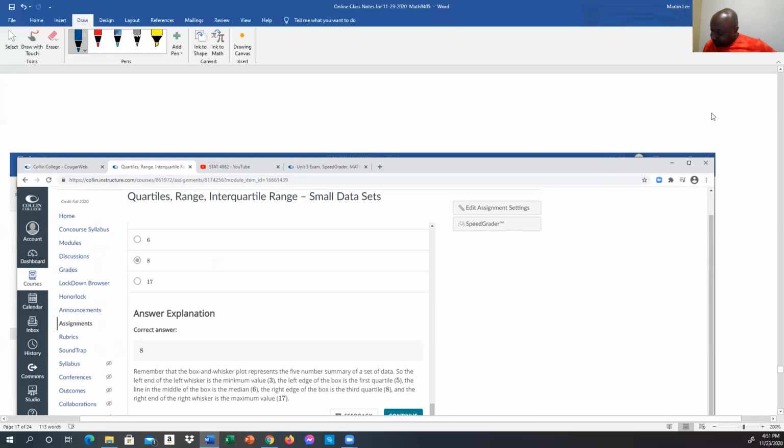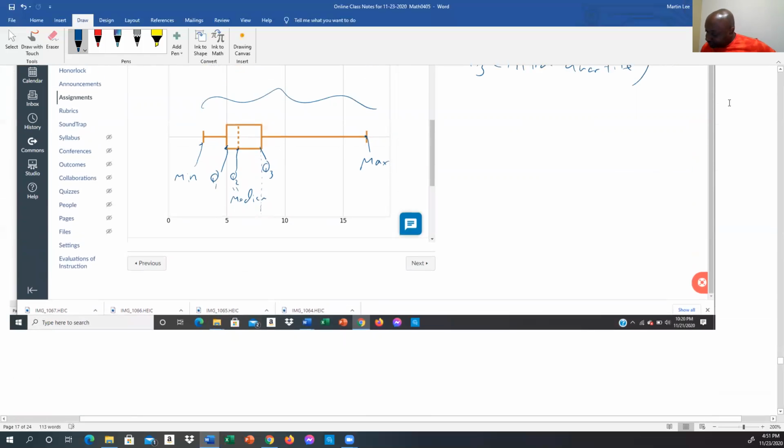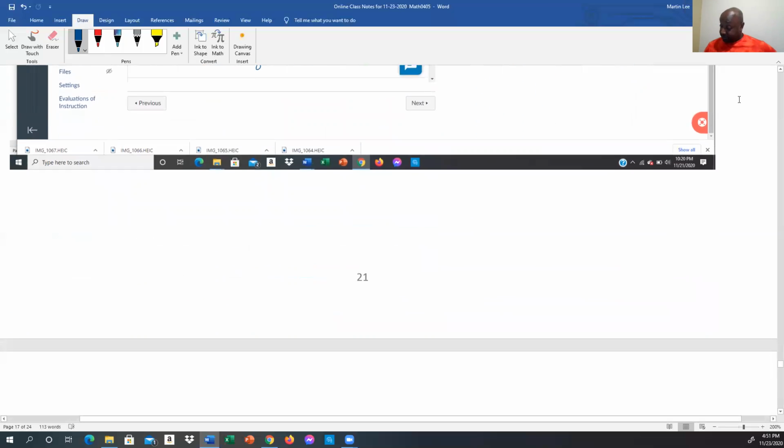So the choices they gave us were 6, 8, and 17. Well, if you look at this, where we drew this line from the right side of our box, this number is closer to 10 than to 5. So Q3 is going to equal 8. Q3 equals 8.